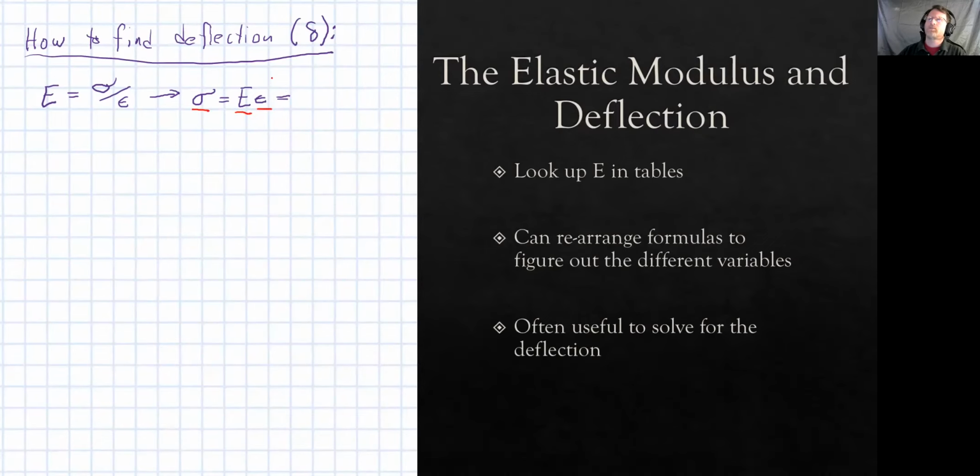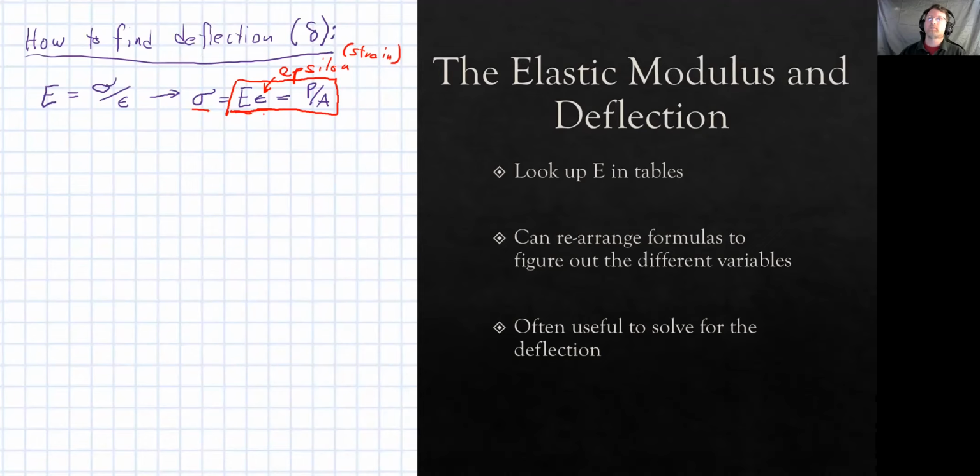By the way, this is the Greek letter epsilon, and we use that for strain. Now remember, stress is also, right back at the beginning of the year, force divided by area.